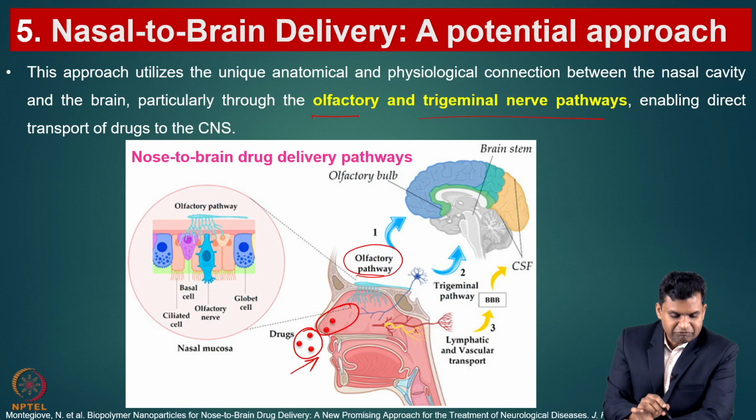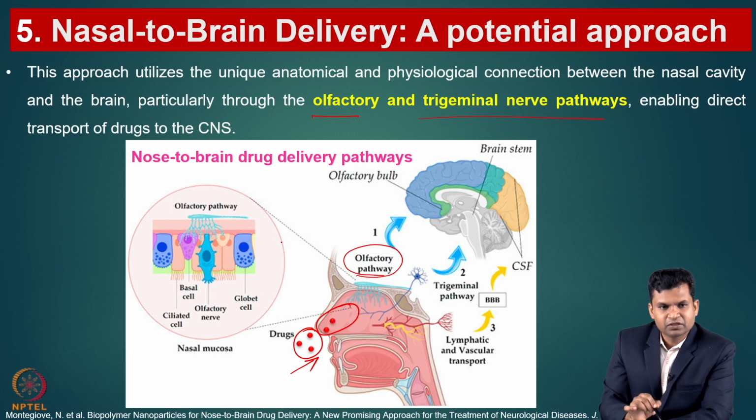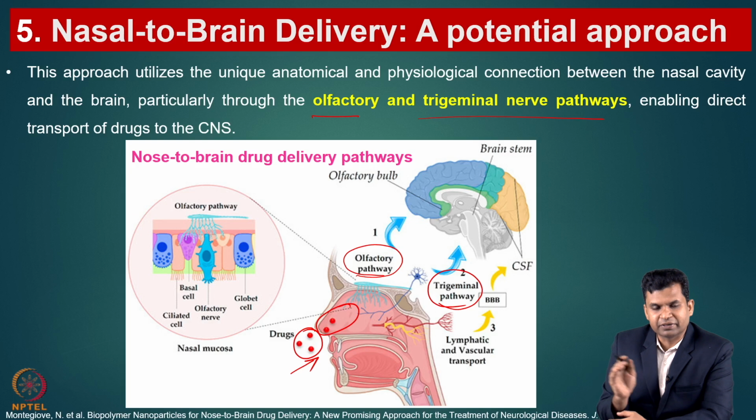With that you can reach the molecule to the brain site. That is a great advantage compared with the other pathways, and the trigeminal pathway can also bypass the blood brain barrier. So, these two strategies help us reach the brain through nose to brain delivery.